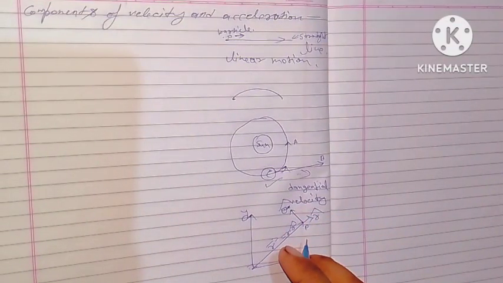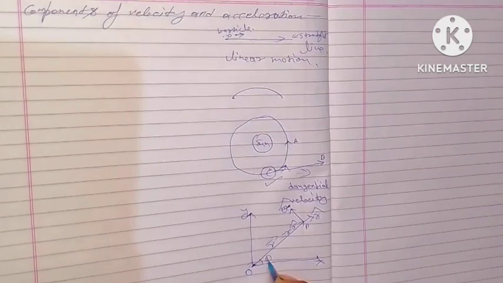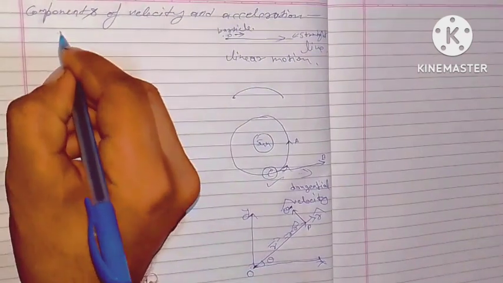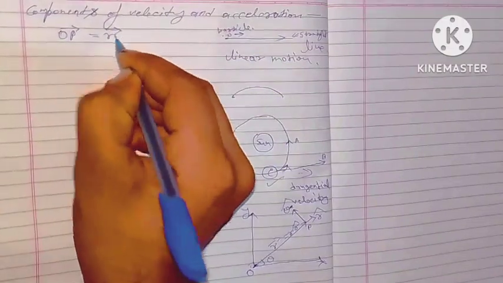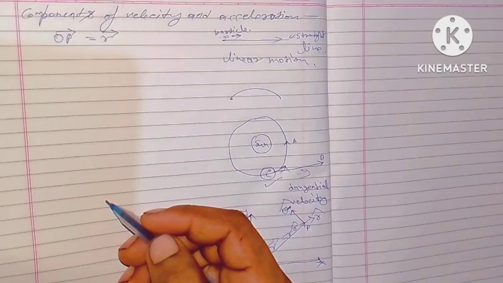Point P in a coordinate system can be specified by a single vector, the distance of the particle relative to the origin O of the coordinate system. This vector is called the position vector of a point, denoted by vector OP equal to vector r. It gives the magnitude as well as the direction of the displacement.